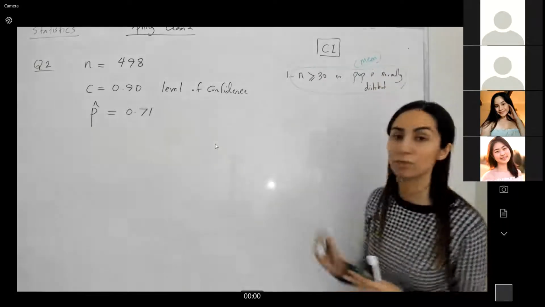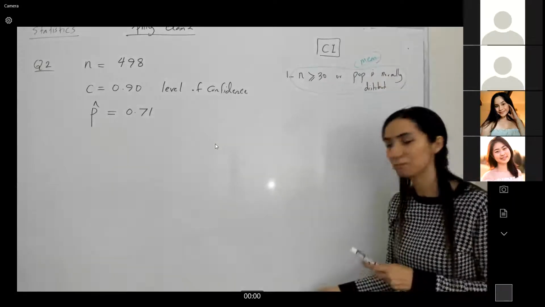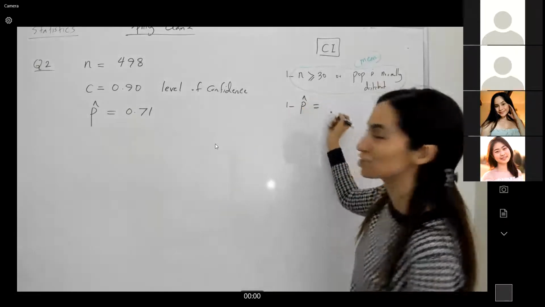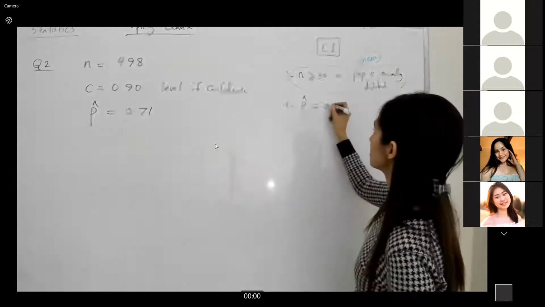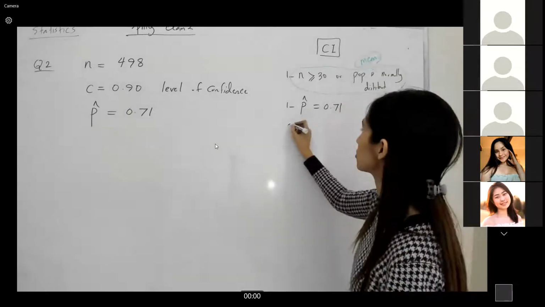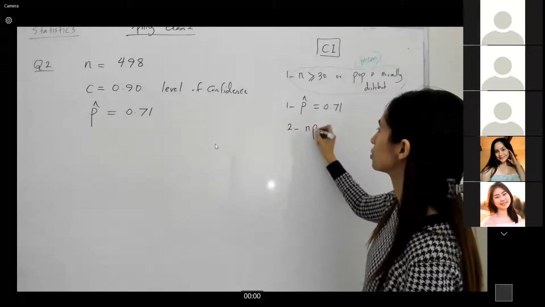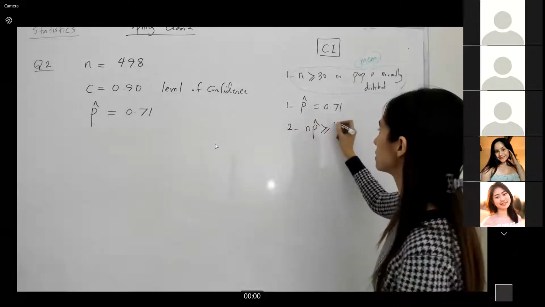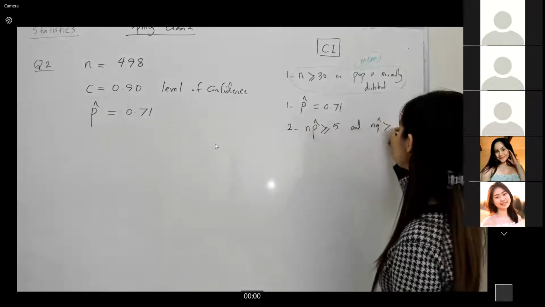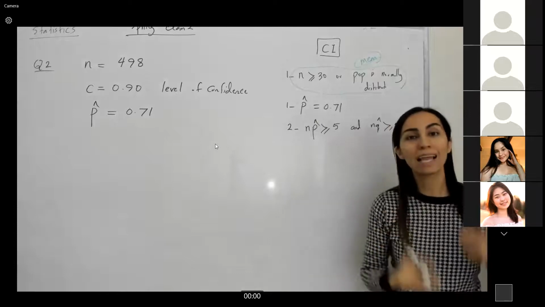We are working with proportion. What's the first step? Find point estimate, which we already found, 71%. The second step is check to see if N P hat is greater than or equal to 5, and N Q hat is greater than or equal to 5, or normality is met.